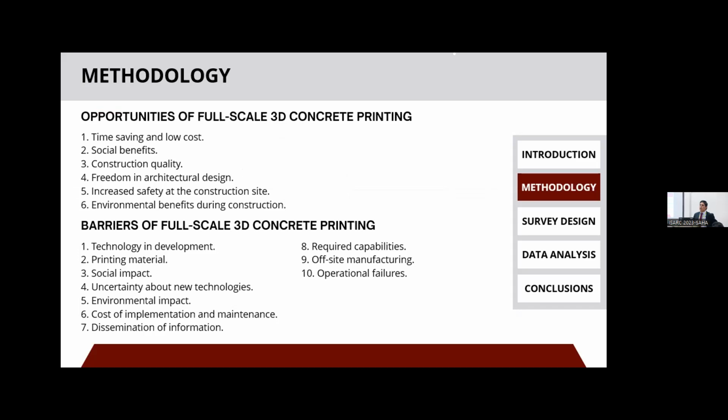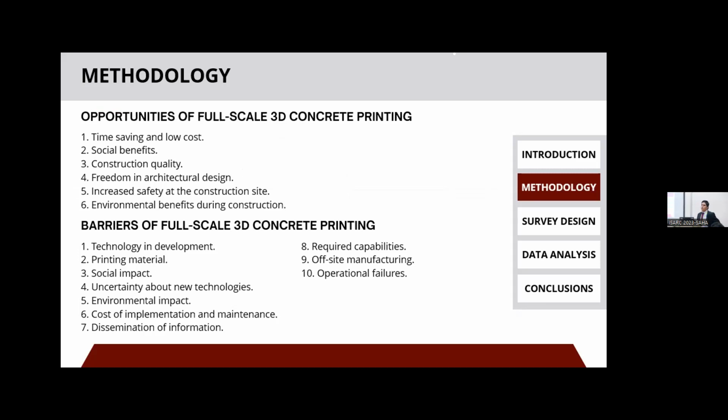Then we have the list of opportunities and barriers. Time saving and low cost. Many researchers told us you can reduce up to about 60% of cost and 70% of time. Social benefits, we generate more jobs for Peruvian people.